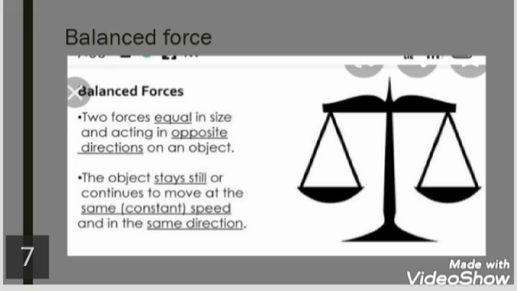Balanced force. Two forces equal in size and acting in opposite directions on an object is called a balanced force. The object stays still or continues to move at the same speed, also said to be constant speed, and remains in the same direction.